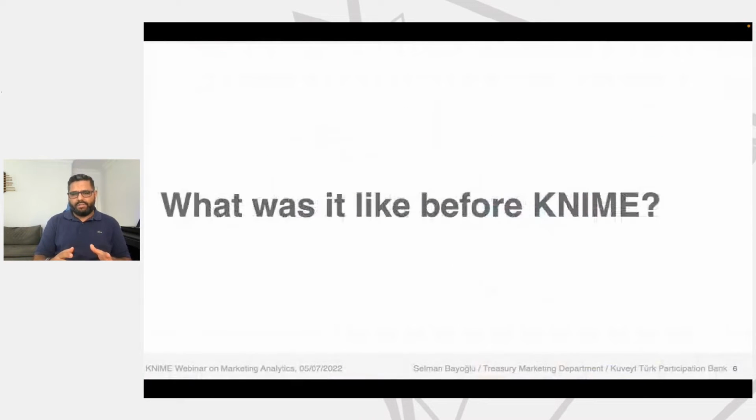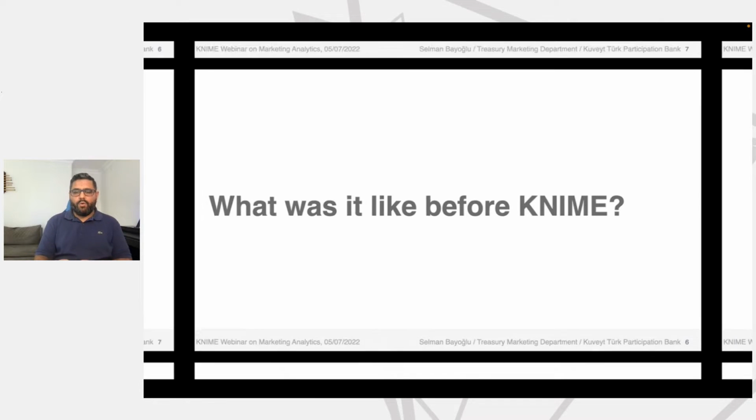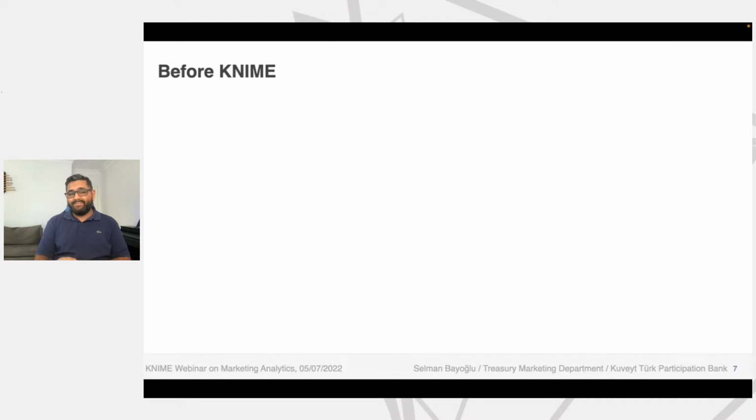I have several questions that I generally receive from others, so I put these questions here to answer for your convenience. What was it like before Knime? Yes, before Knime, for us, many things were Excel, Microsoft Excel. In 2014, when we started dealing with big data, our focus segment was only 200,000 customers.